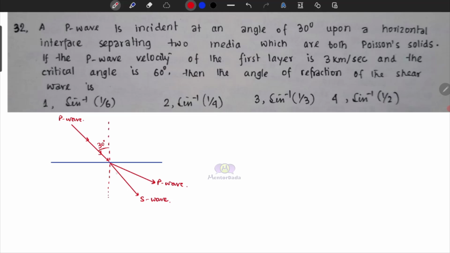You have to determine this angle. Suppose this angle is theta r, the angle of refraction of the S wave.